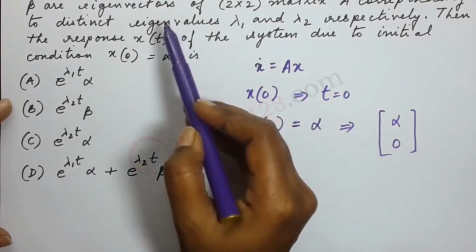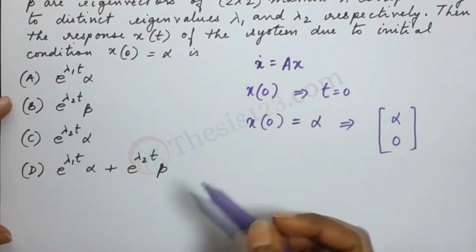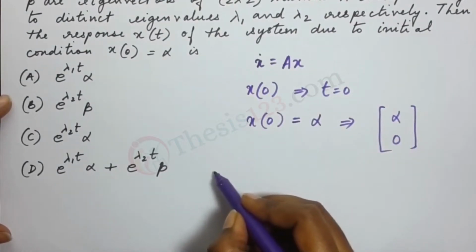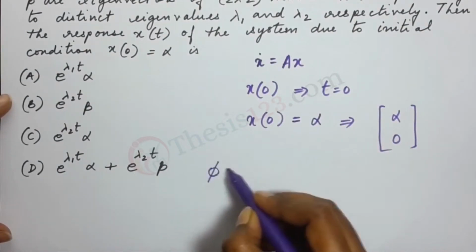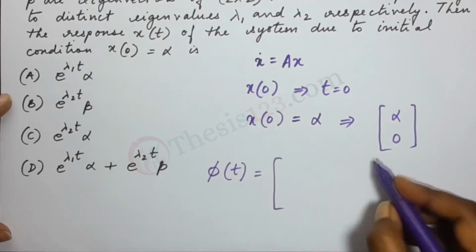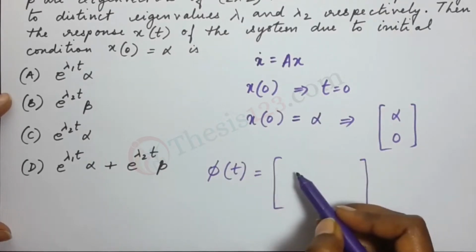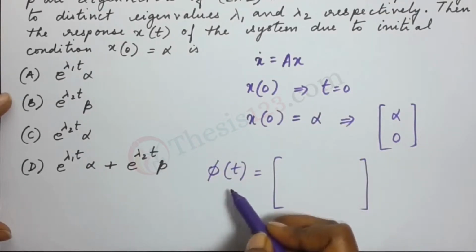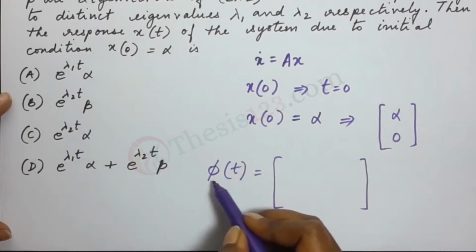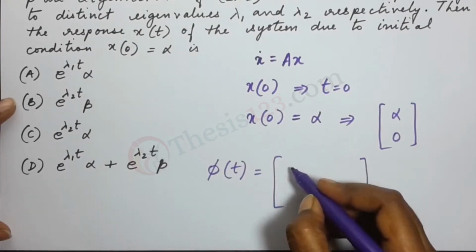So if the eigenvalues are lambda 1 and lambda 2, that tells us that our expression for phi of t, which is our 2 by 2 matrix, we can consider this to be A, in terms of phi of t, since the parameter is t.